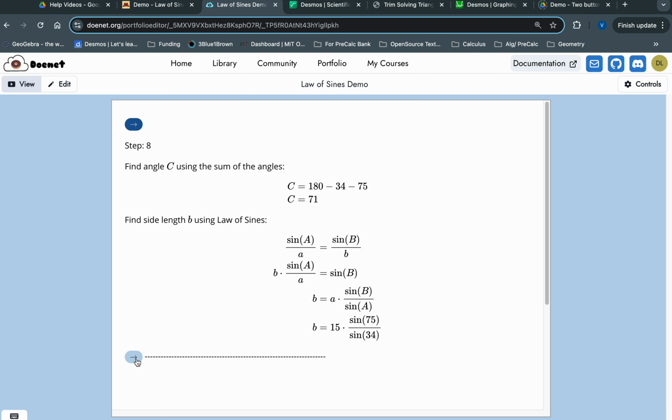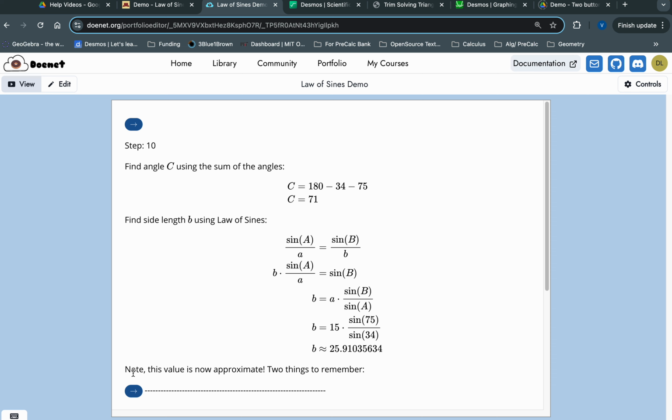So I like to remind myself by switching this equal sign for an approximate symbol, because this isn't exactly this. Once you start working in the world of decimal approximations, you really want to pay attention to what the problem is asking for. So two things to remember once you're in the approximate realm.